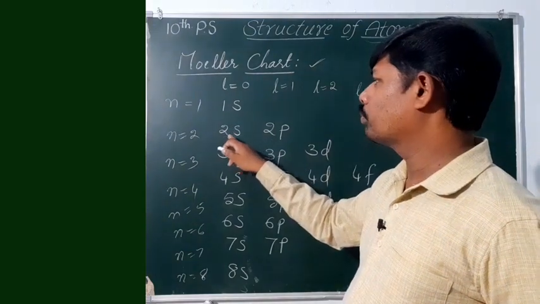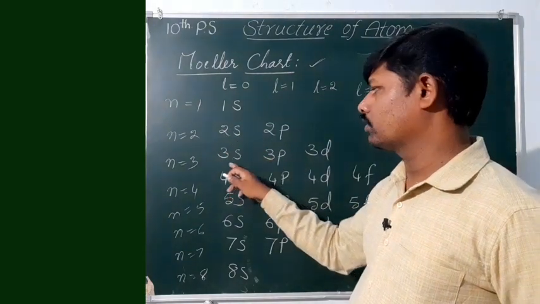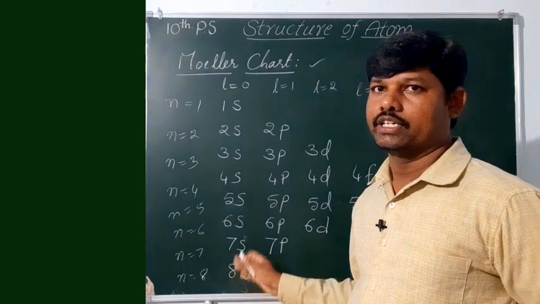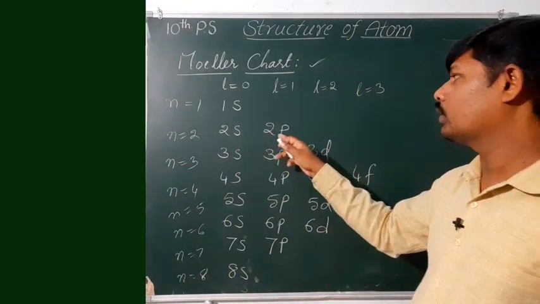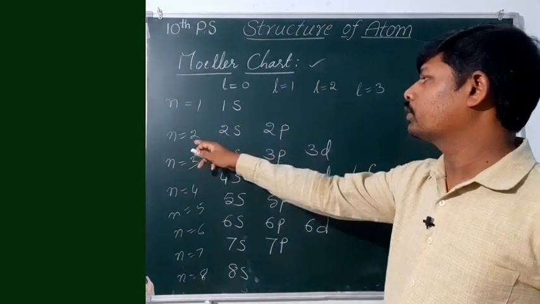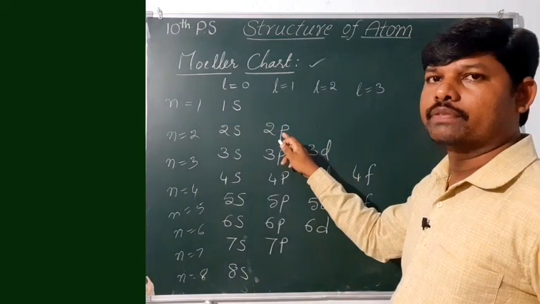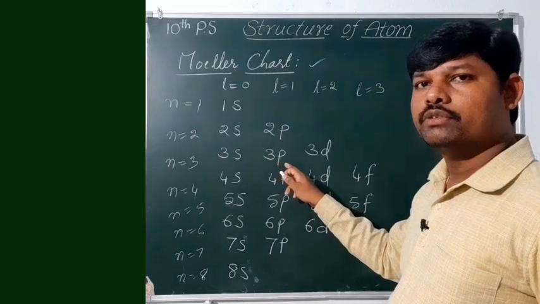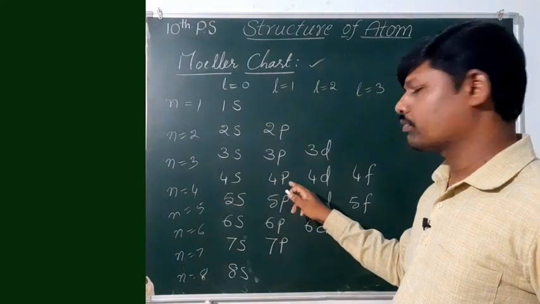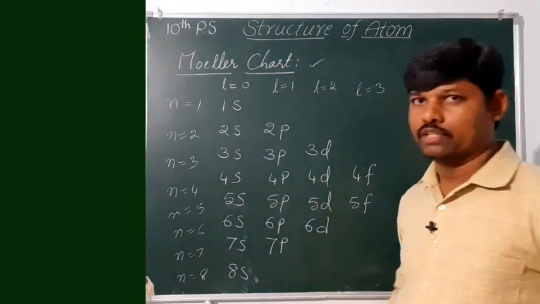Here 2 plus 0, 2, like that. 3 plus 0, 3, 4, 5, 6, 7, 8. What is the n plus l value here? n value 2 and l value 1. 2 plus 1, 3. 3 plus 1, 4. 4 plus 1, 5, and so on.